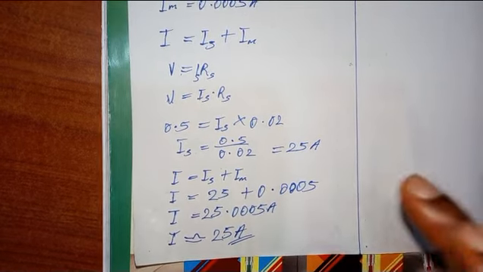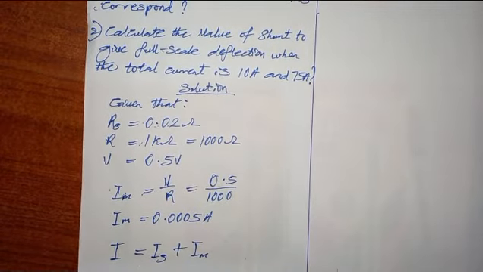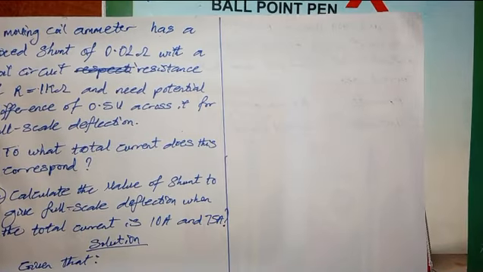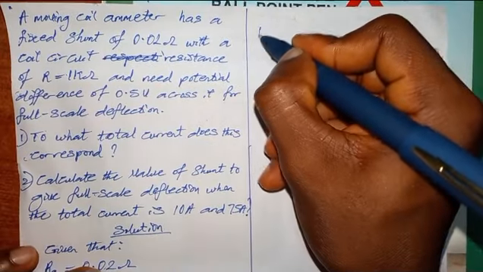Now let's move to the second one, which is calculate the value of shunt to give full scale deflection when the total current is 10 amp and 75 amp. So we solve for the first one, which is 10 amp. We first write the formula.